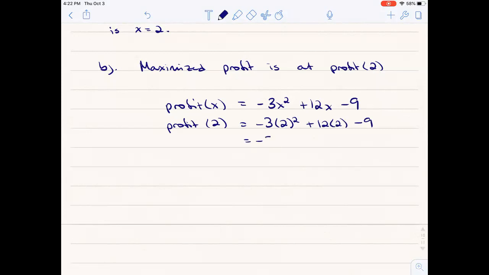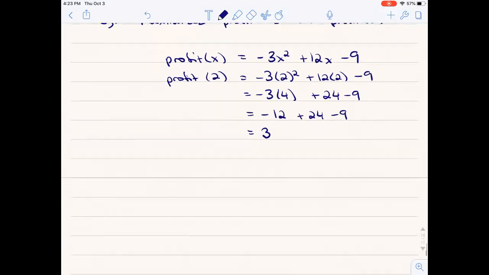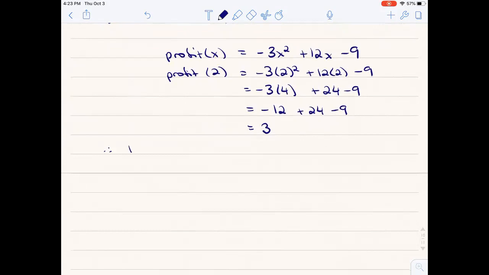I get negative 3 times 4 plus 24 minus 9. I get negative 12 plus 24 minus 9, I get 3. So therefore, the maximized profit is 3.